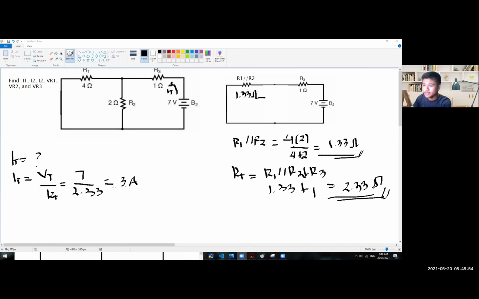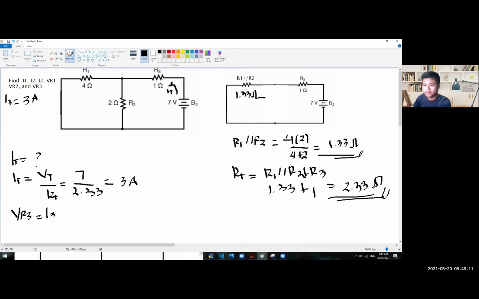So in here we can now see that I3 is also equal with I total, which is 3 amps. Since we already have the value of I3, we can now solve for the value of VR3, or the voltage drop across R3.